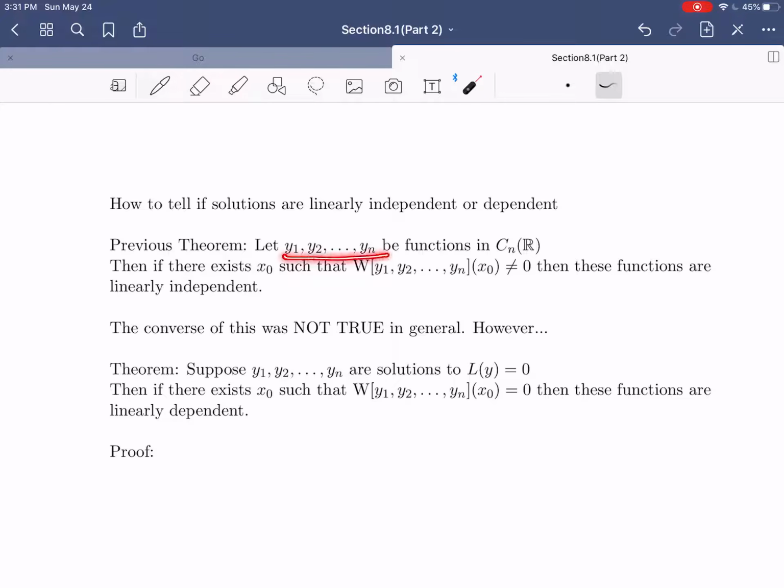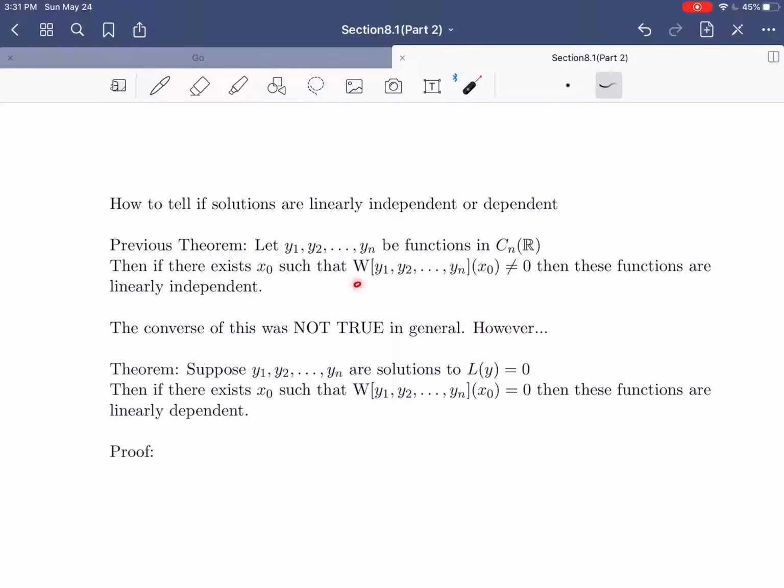Remember, if we have functions y1 through yn in Cn of R, so they have at least n derivatives, and there exists a point x0 such that the Wronskian evaluated at x0 is not equal to 0, then we know that these functions are linearly independent. In fact, this is how we basically define linear independence in the functional space. If you remember, though, the converse of this was not true in general.